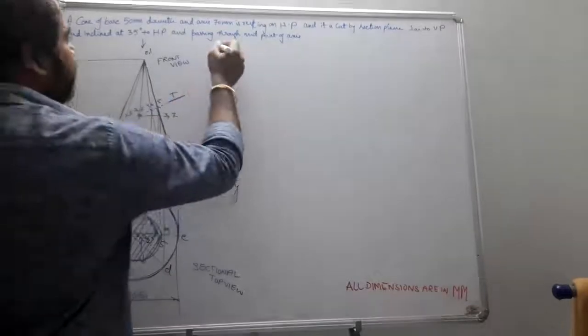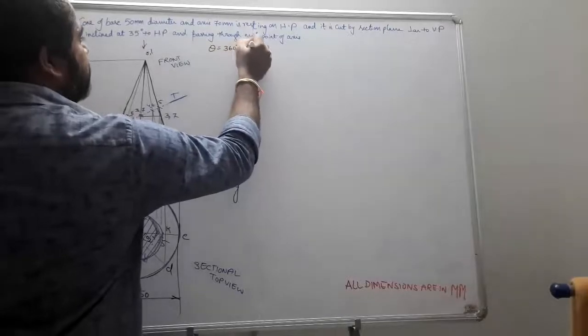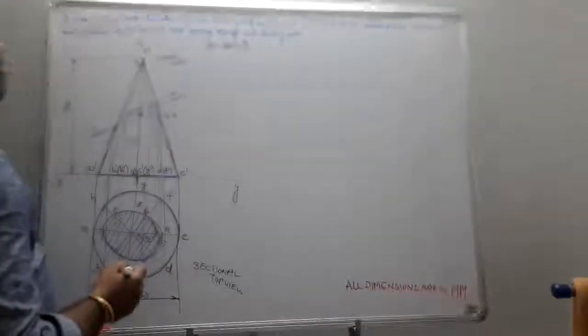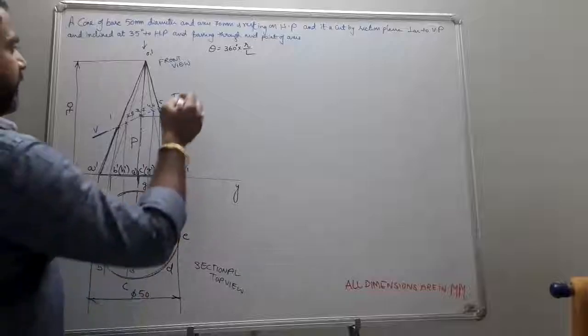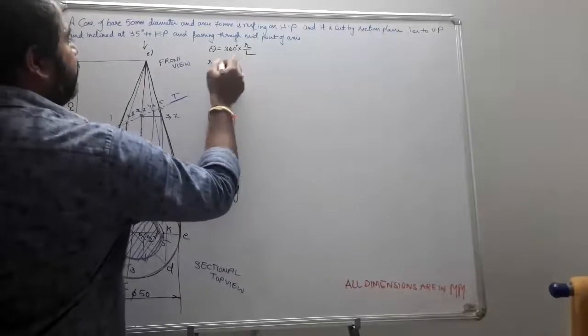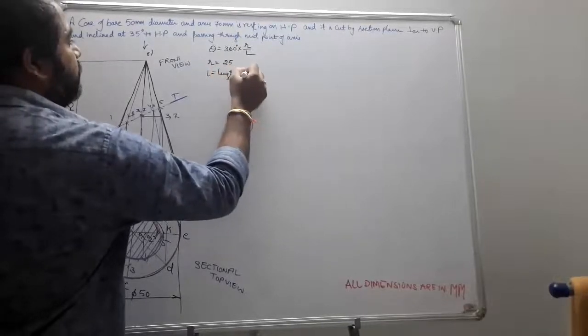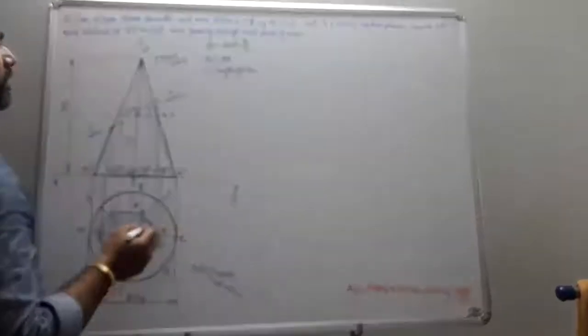What is the formula for a cone? Theta equals 360 degrees into small r by capital L. R is the radius, which is given as 25. L is the length of the true slant edge. What is the true slant edge here?